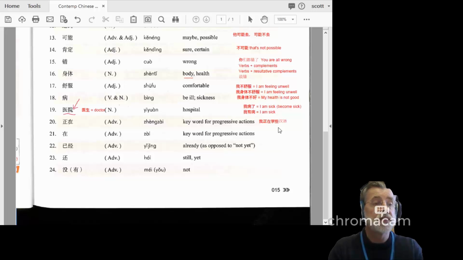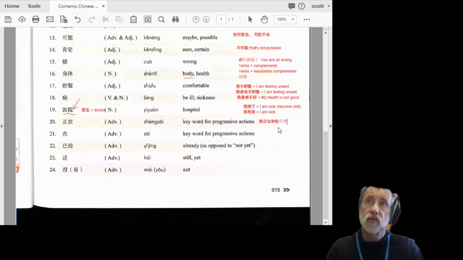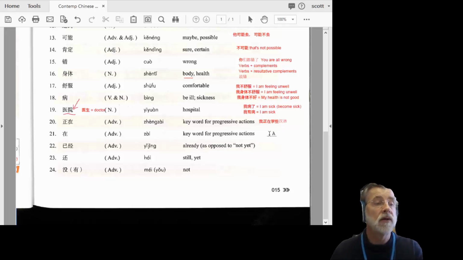I am studying Chinese. Now with the 正在, there's more of an emphasis on right now. You could also say, for example, 我在学习汉语. I am studying Chinese.